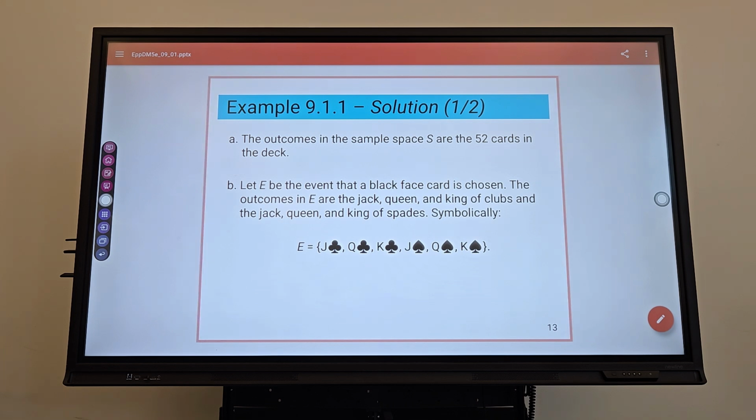Well, the number of possible outcomes in the sample space S is 52, because there are 52 cards in the deck. Let E be the event that a black face card is chosen. The outcomes in E are the Jack, Queen, and King of clubs and spades.